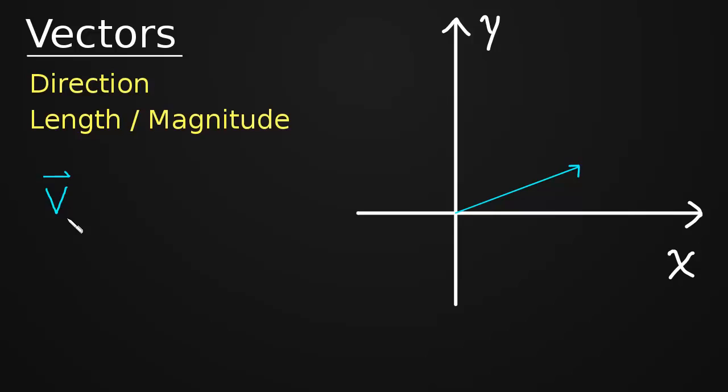So the vector v, and now I want to capture the information that arrow is telling us without needing to draw it. I'm not going to say v is equal to this arrow. That's too ambiguous. I need something more definite, something with more structure.